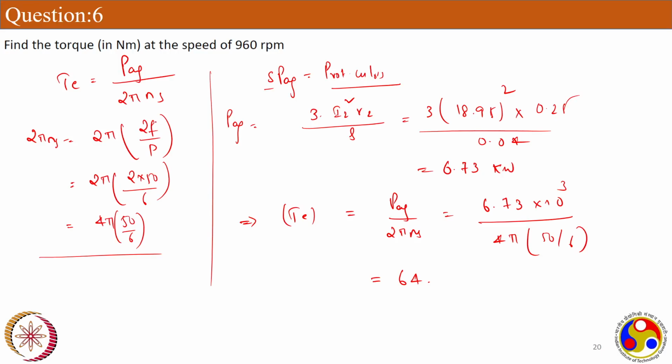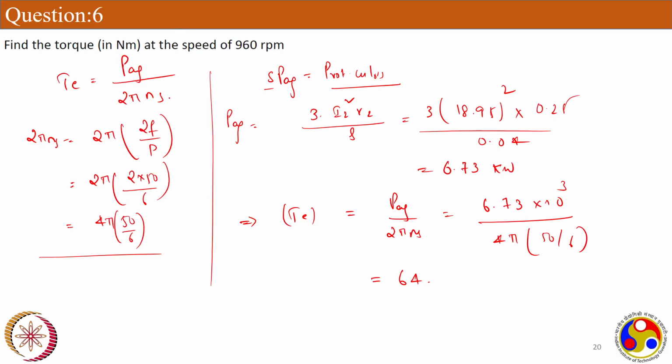Now the air gap power, if you take it minus the copper loss, I will get the mechanical power. But friction and windage loss has not been given. When the rotor is at standstill, there is no mechanical power loss, so it will be PAG. If it is now running, air gap power will become 1 minus s into PAG.